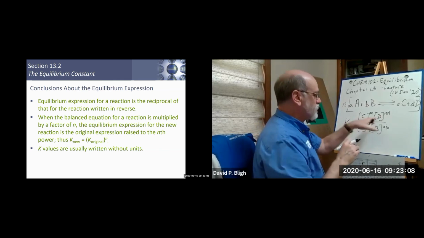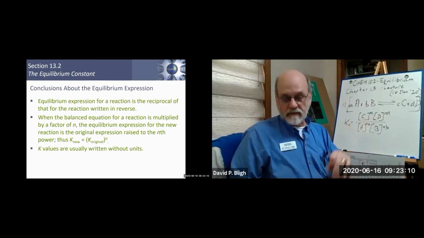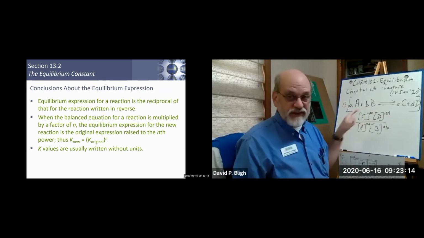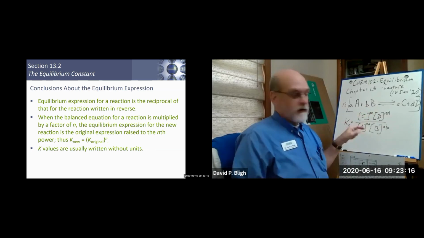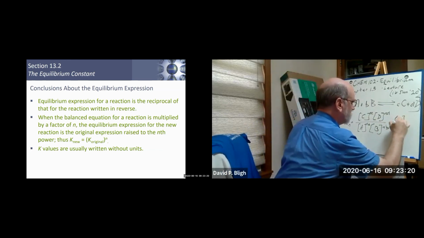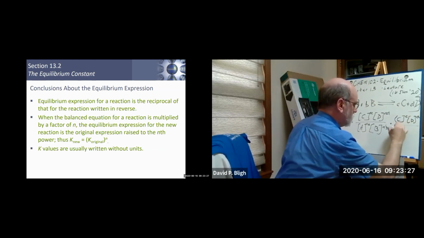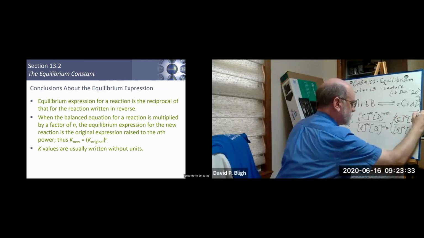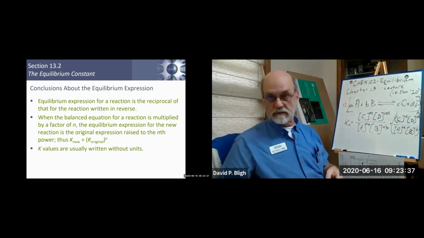But what can we do here? Well, we know that math rules say that if every one of these is raised to the same power, then the entire expression can also be raised to the n power.